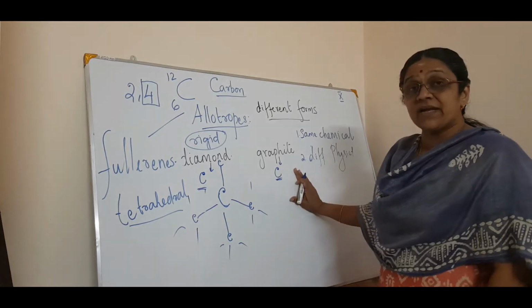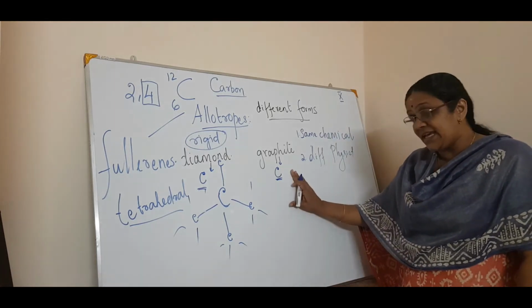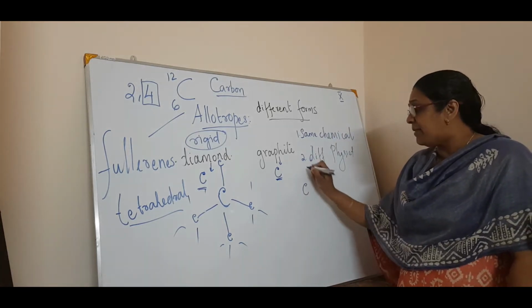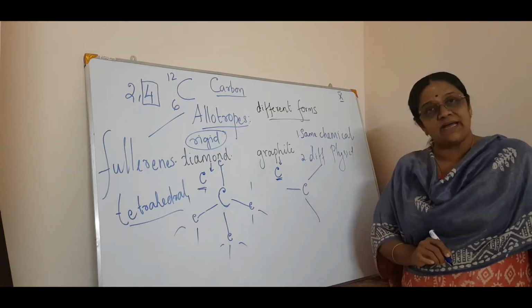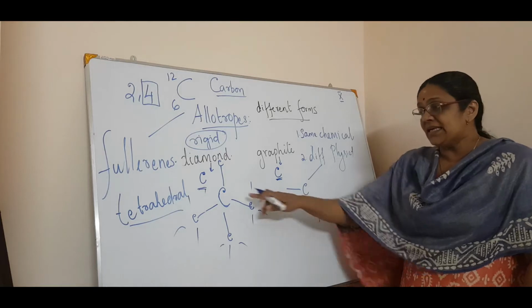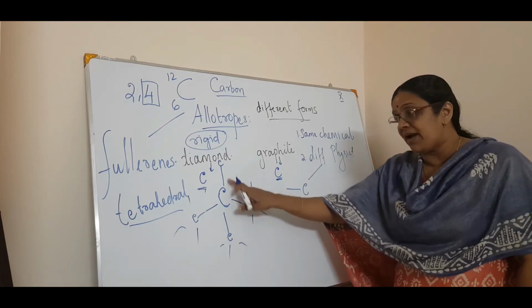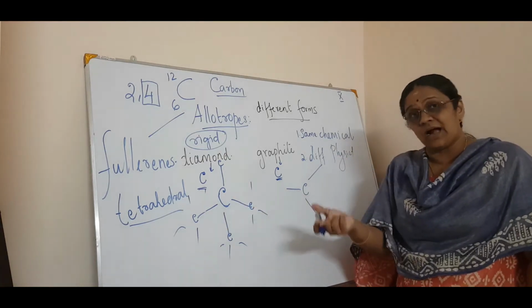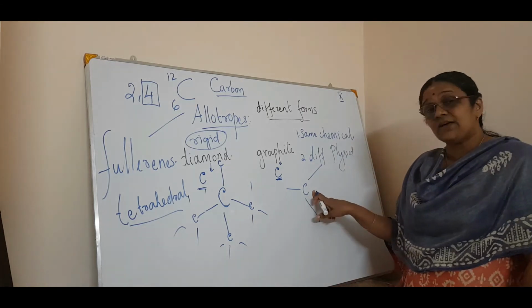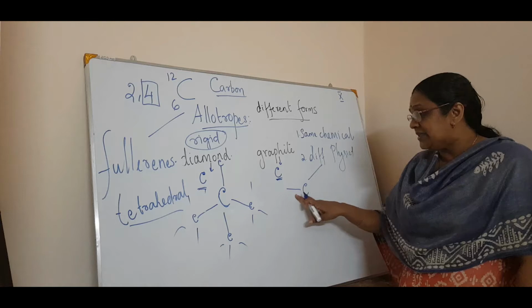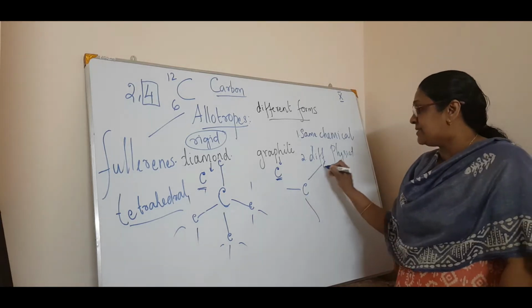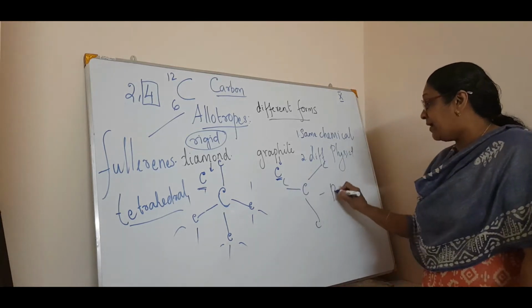Whereas in the case of graphite, each carbon atom is linked to only 3 other carbon atoms. In diamond, each carbon atom is bonded to 4 other carbon atoms, whereas in graphite, each is bonded to 3 other carbon atoms, giving a planar structure.